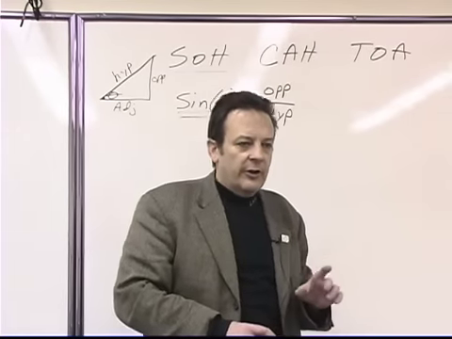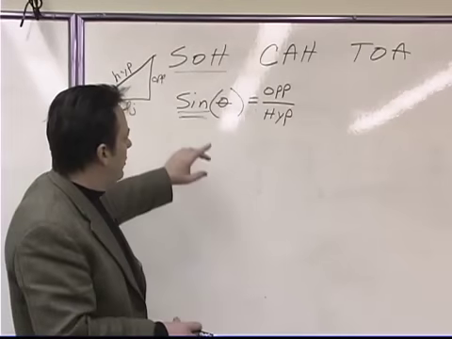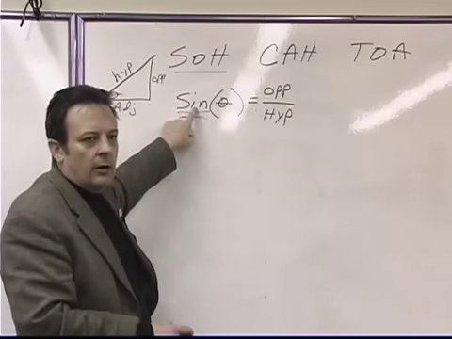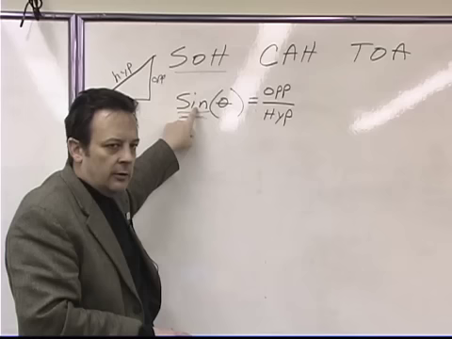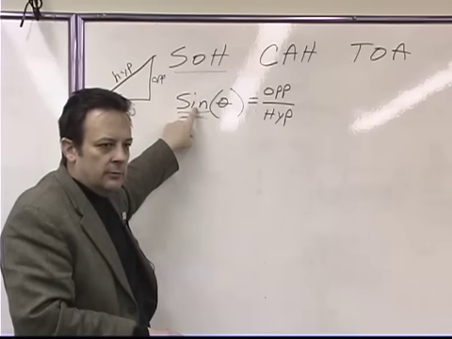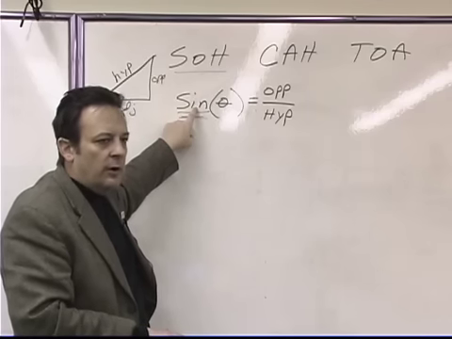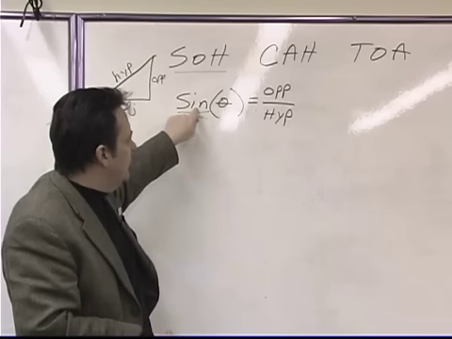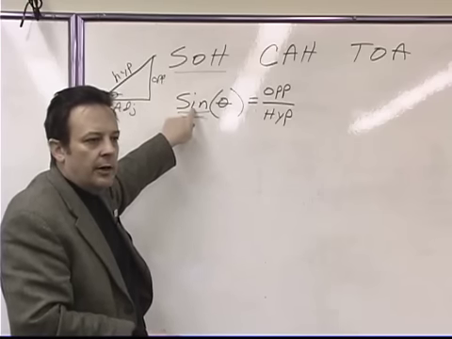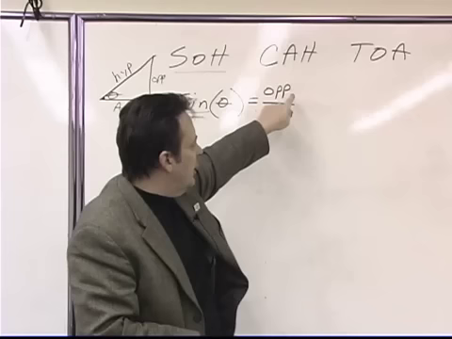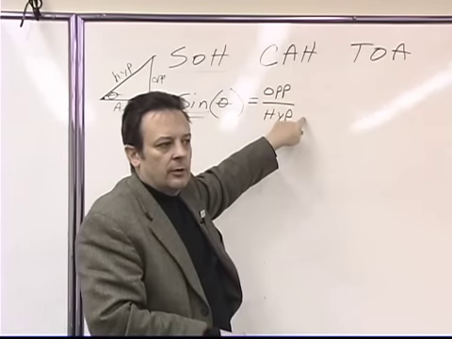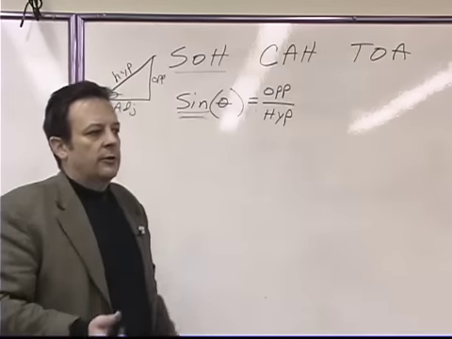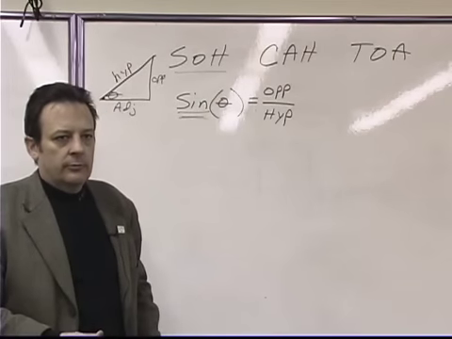So if you ask me the question, what is this right here? My response to you is, it's a button on your calculator. Okay? What we're going to do is use that button on your calculator in combination with ratios of lengths of sides of a triangle to calculate angles.